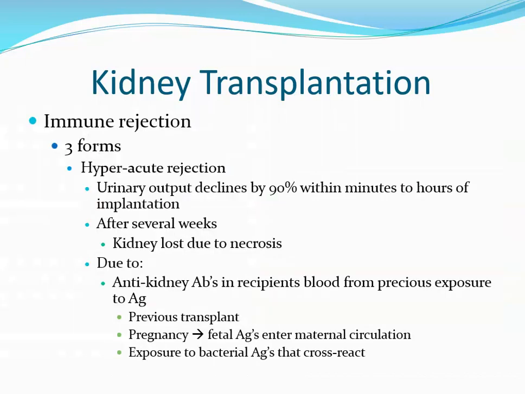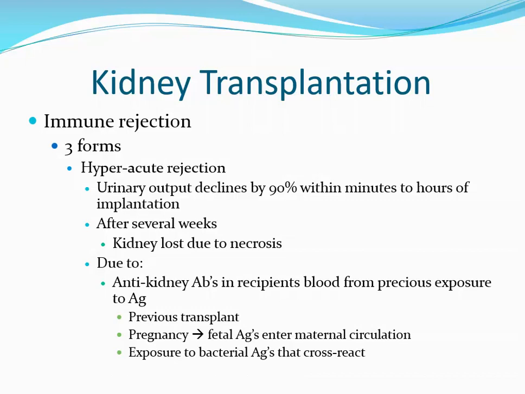One of the big problems with transplantation is the risk of rejection. Kidneys can be rejected in 3 different forms. One is hyperacute rejection. Here, urinary output declines by 90% within minutes to hours after implantation. After several weeks, the kidney is lost due to necrosis.